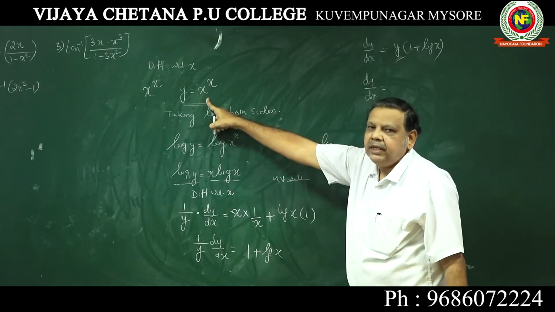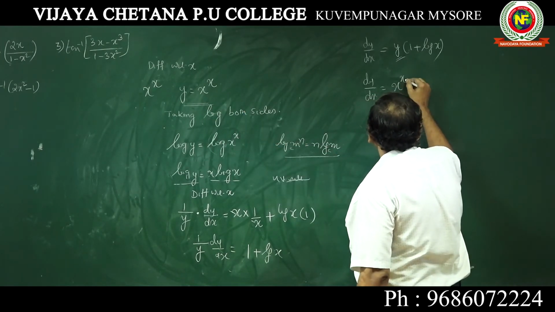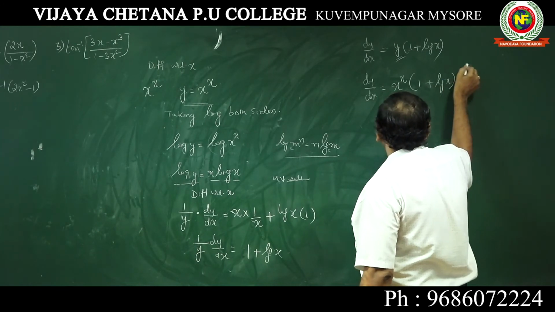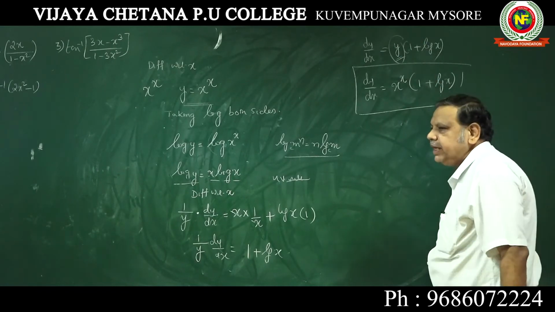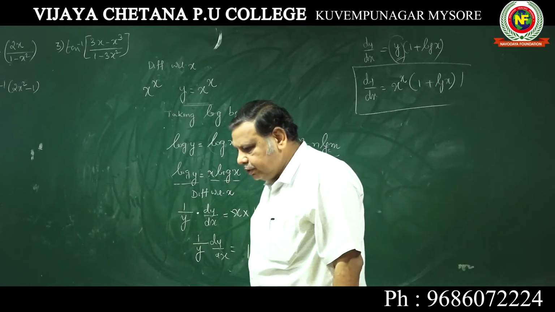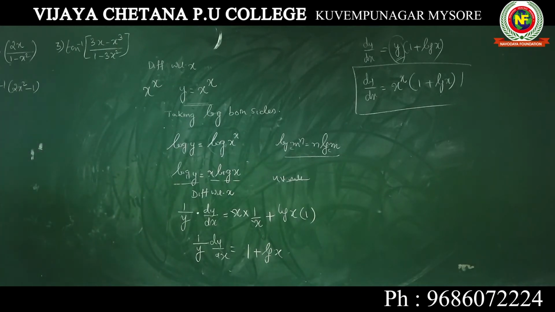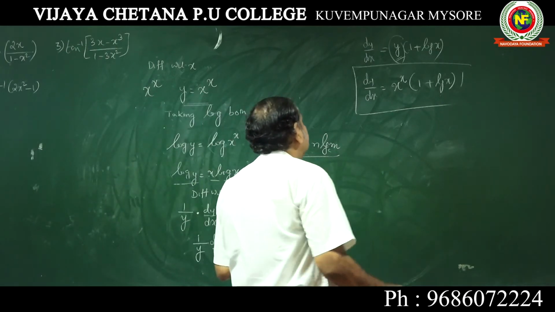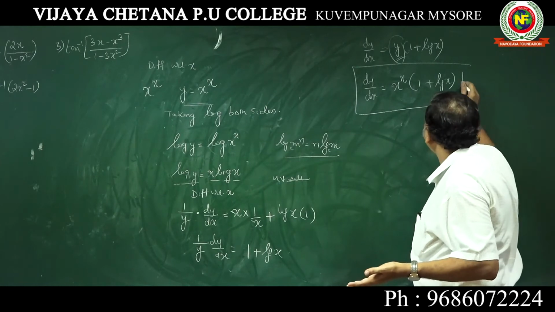The problem is given as x to the power of x. You have to replace it: x to the power of x into 1 plus log x. This is the final answer. Many students don't replace y, they keep y as it is in the answer, and they lose 1 mark miserably. So you should not lose that 1 mark. For y, you have to substitute back x to the power of x, because that is the problem, into 1 plus log x. This is the answer.